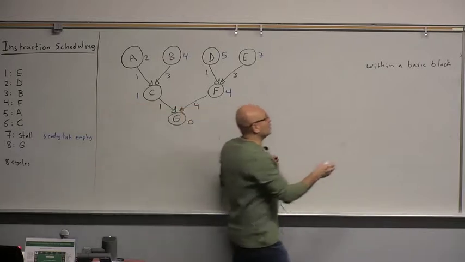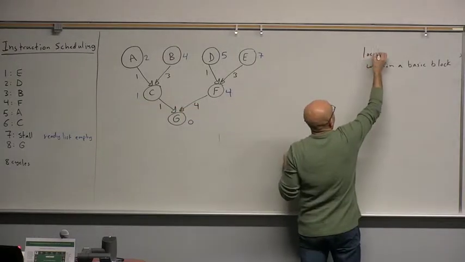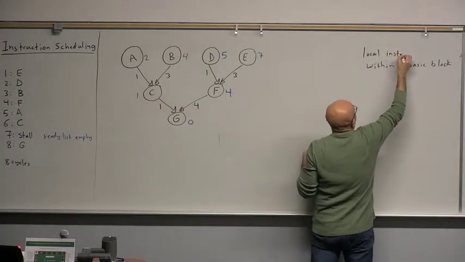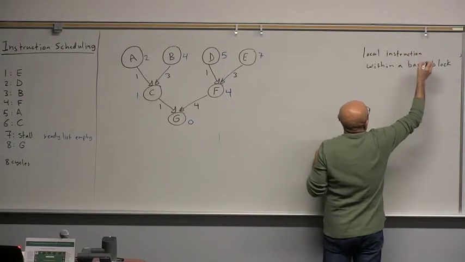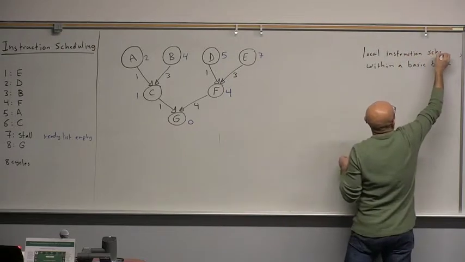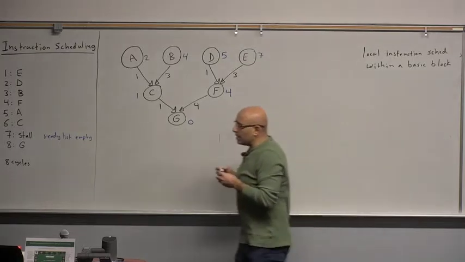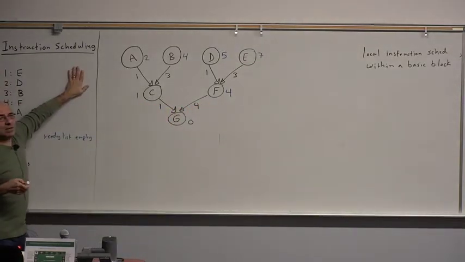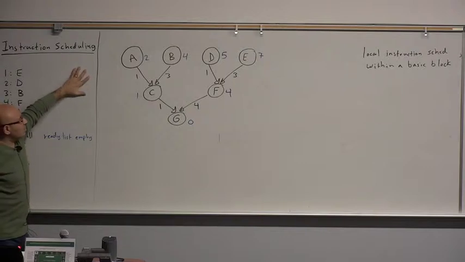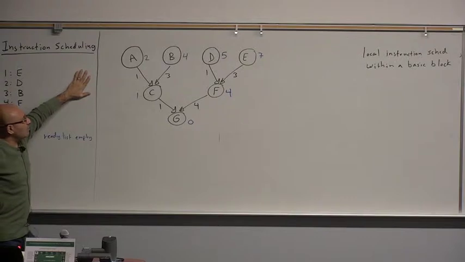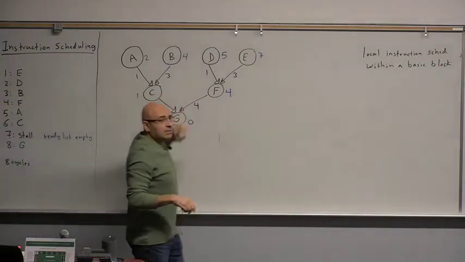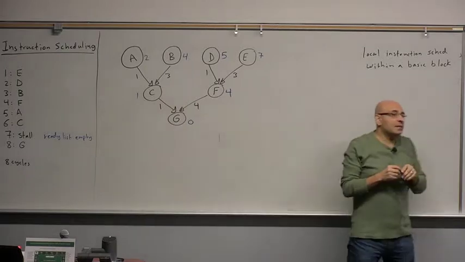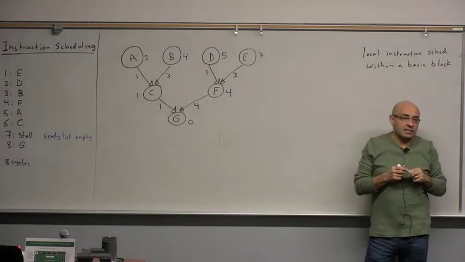So this is local instruction scheduling, local within the basic block. Now, global instruction scheduling, in fact, we will not cover in this course, but we will just talk about it now to point out some of the complexities.